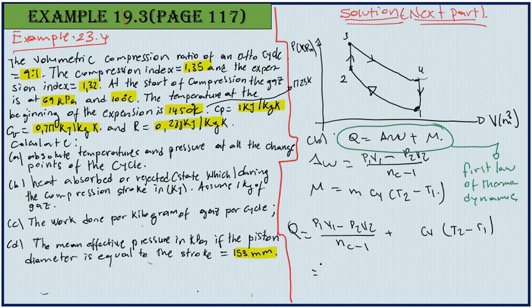So we're going to get M R T1 minus T2 divided by n minus 1 plus, and we repeat this part as it is.